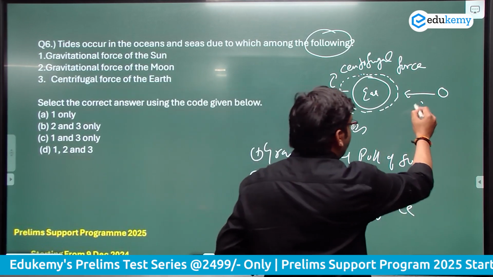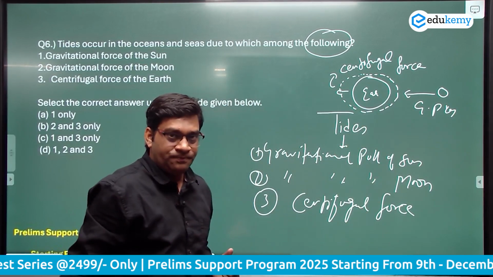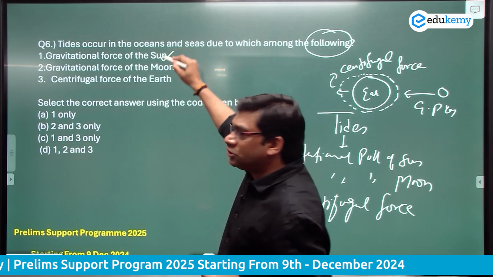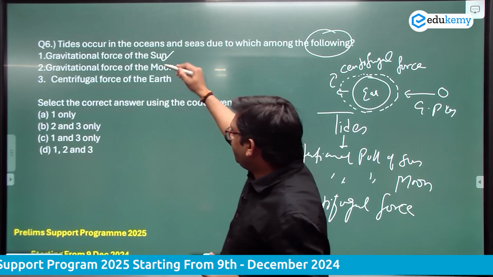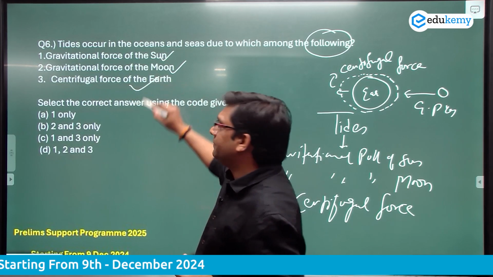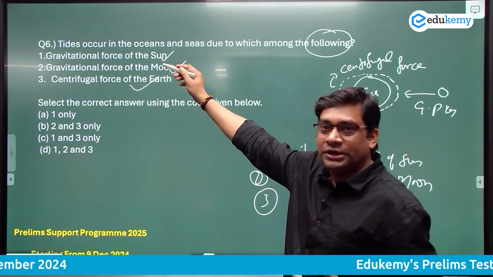One is because of the gravitational pull of the moon and the second is because of the centrifugal force of the earth. So as you see in the options, the gravitational force of the sun is also one of the reasons, the gravitational force of the moon is also one of the reasons, and the third is the centrifugal force of the earth. All three are important reasons behind the origin or occurrence of the tides.